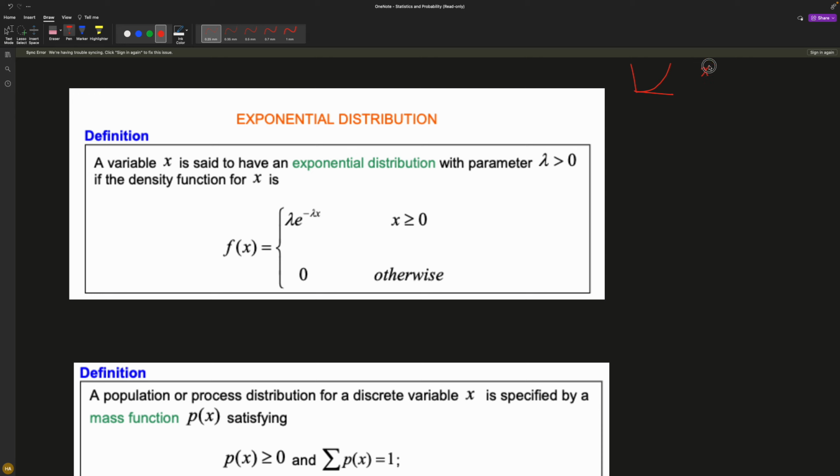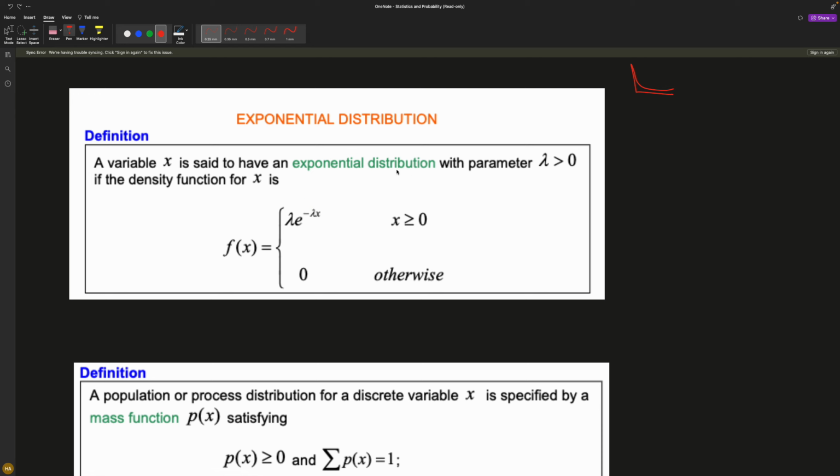So you have, let's say, x squared, and then x to the 4, which becomes even more exponential. And as you can see, the more this grows, the more exponential your function becomes. For your exponential distribution, it's basically the same thing, except instead of going upwards, it goes down. And that's what this negative here represents.